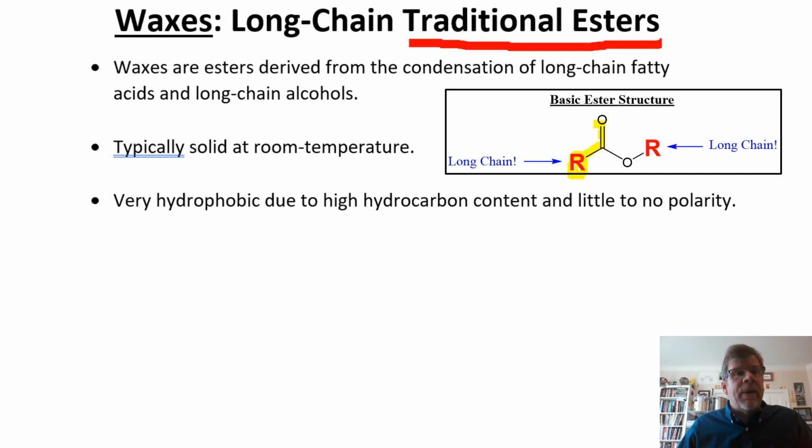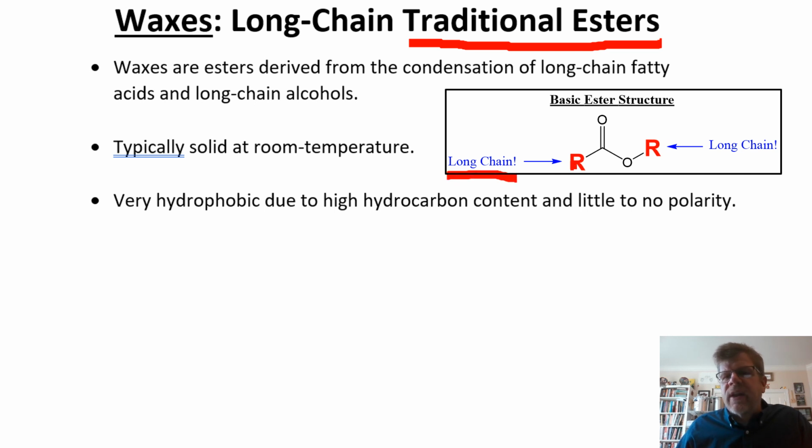So if that's brought about by a fatty acid, then we can say that certain esters can be derived from a lipid precursor. If we have a lipid precursor, that would mean our R groups here are long chain.